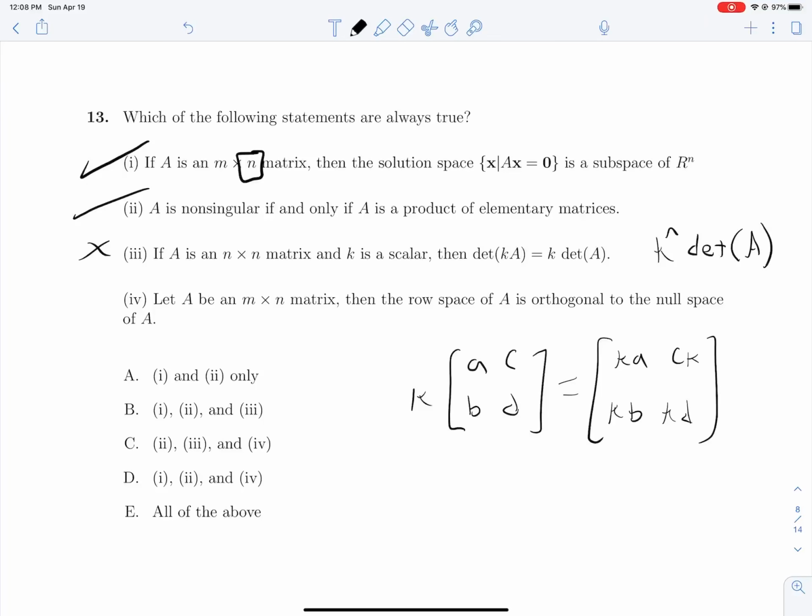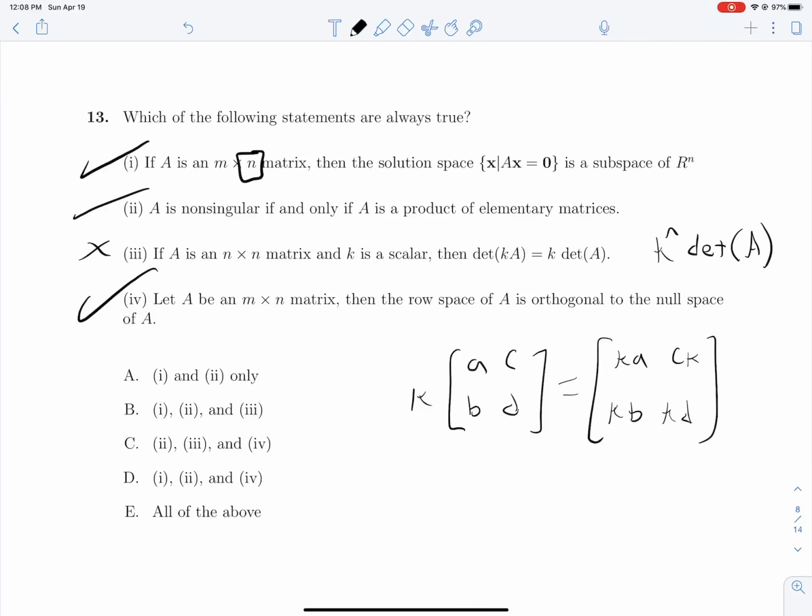4. Let A be an m by n matrix, and the row space of A is orthogonal to the null space of A. This is true. And like usual, I can't remember the proof, but if I can remember it, and remember it for the exam especially, then I think you can too, and that's really what matters in the end.